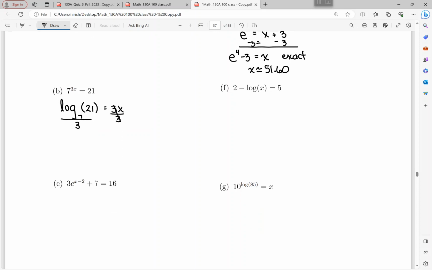Depending on your calculator, you either have the button or we've talked about how to do the change of base formula. Change of base formula is log 21 divided by log 7. Compute that result first and then divide by 3. What you should get is about 0.52.